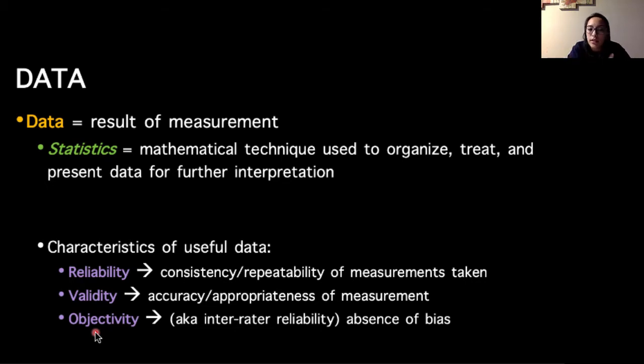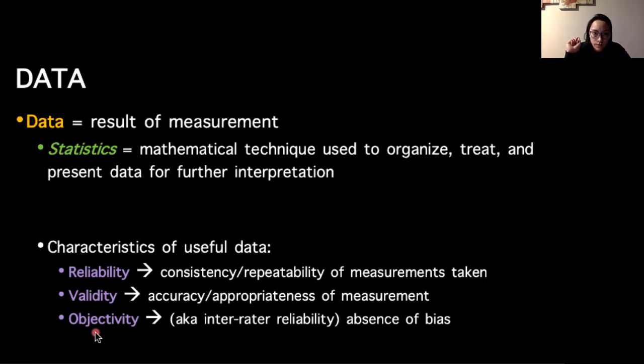The first characteristic of useful data is reliability. So this is the consistency or the repeatability of measurements taken. I like to use a dartboard or dart throwing as a good example. So reliability of a measurement or consistency, right?